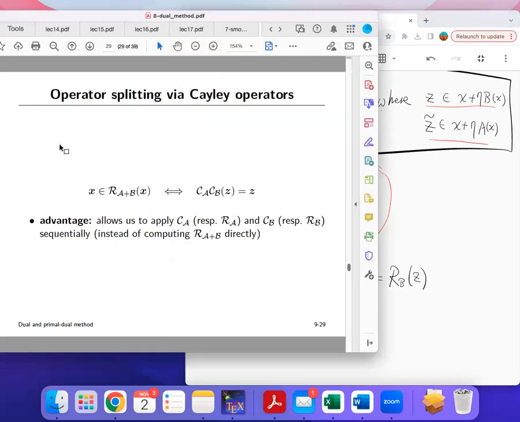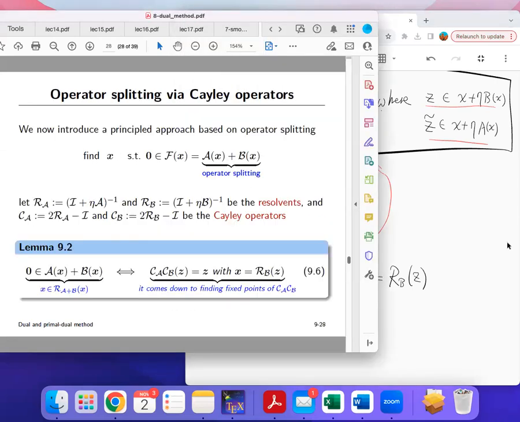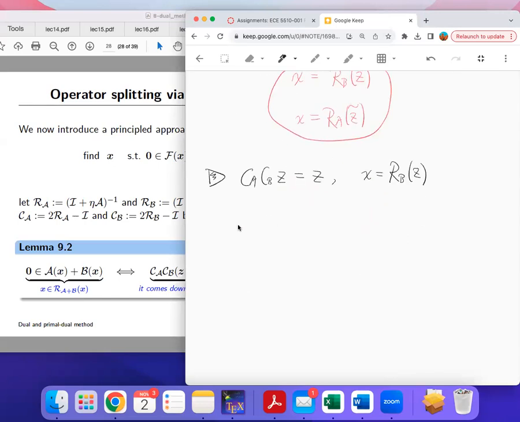Now, what are C_A and C_B? Let's go back to their definition. It's 2R_A minus I composed with 2R_B minus I, applied to z, equals z.